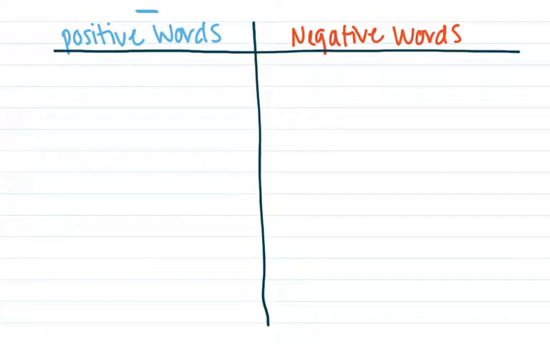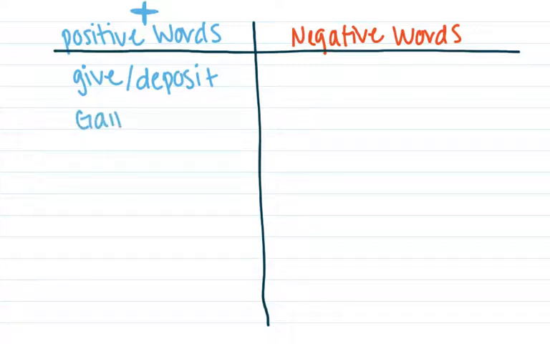If I deposit or give money to my account, that means that I'm adding to my account. That is a positive. If I am talking about gaining yards at a football game, that is a positive. That means I'm making it further down the field.